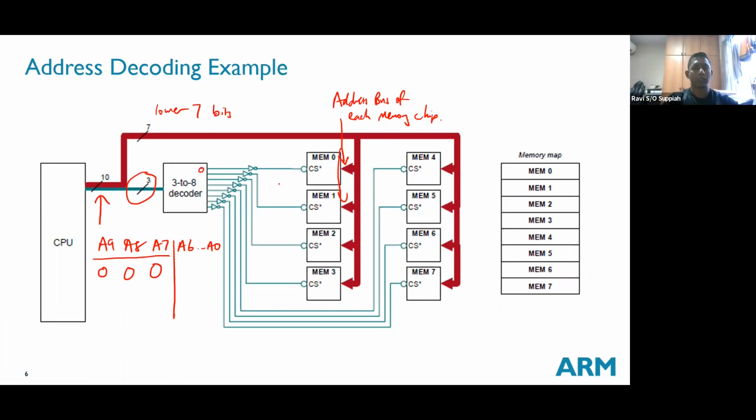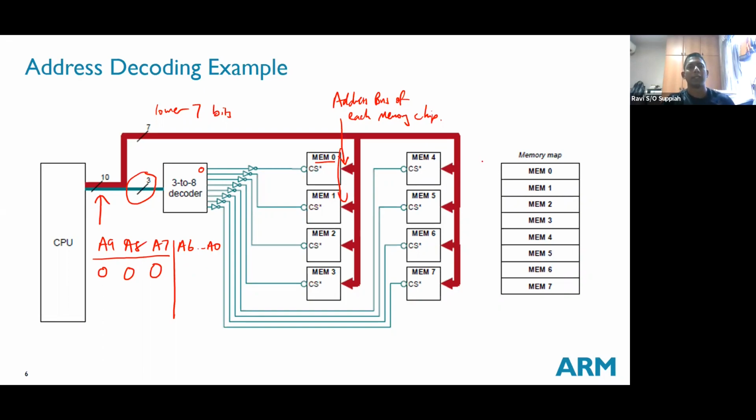When line 0 gets activated, the chip select of mem0 will be active. So this device is the only device that will be talking to the CPU. So as long as the upper 3 bits are 000, whichever address I map to here.